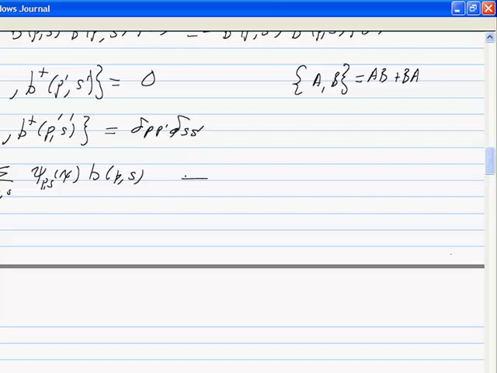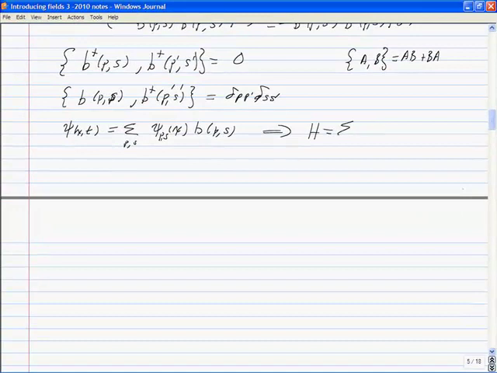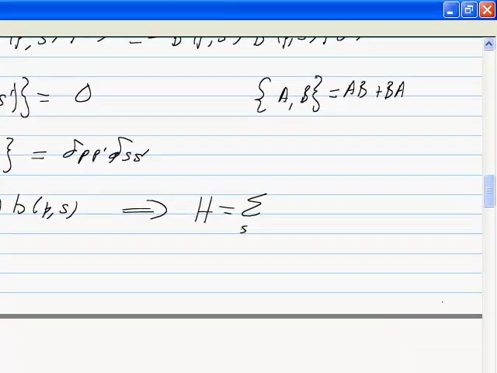This ends up with the Hamiltonian then turning into a sum over P and S, E of P, and in principle that could depend on S, B dagger of P and S, B of P and S. Okay, free field doesn't do that, but if you put a spin-dependent potential in there, same thing would occur.